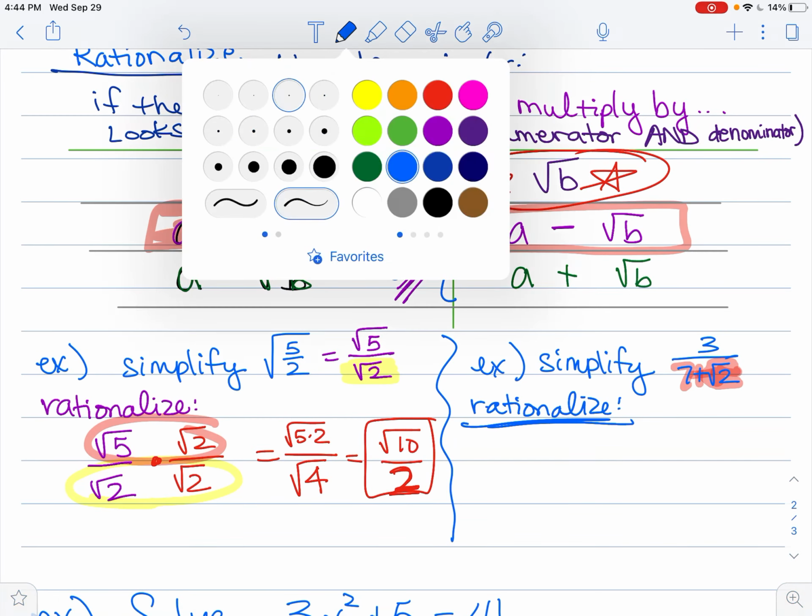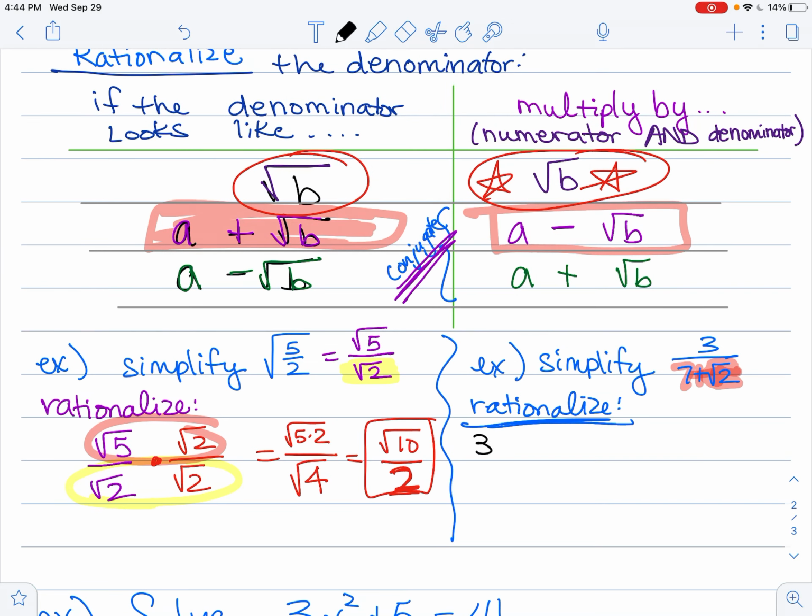So let's go ahead and set this up. If I've got 3 over 7 plus the root of 2, I'm going to multiply it by its conjugate on the bottom. So instead of plus, we're going to put a minus here: 7 minus root 2. What that's going to do for us is cancel out. Remember, whatever I multiply to the bottom, I'm also going to multiply to the top.